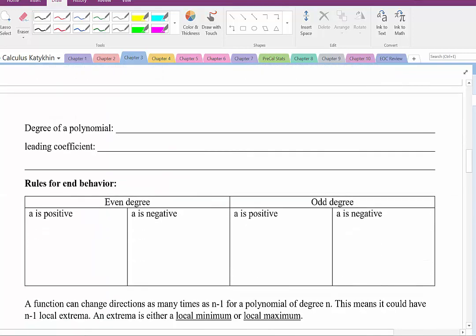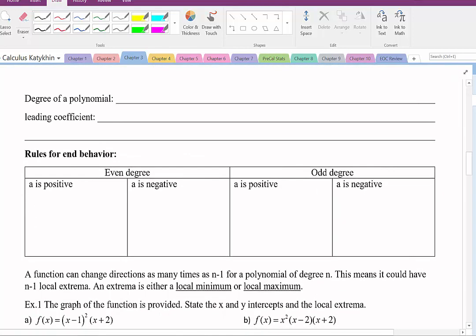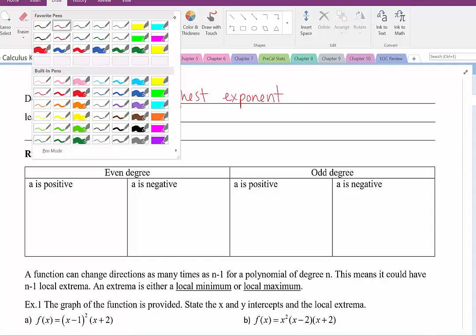Now, the degree of the polynomial is defined as the highest exponent.